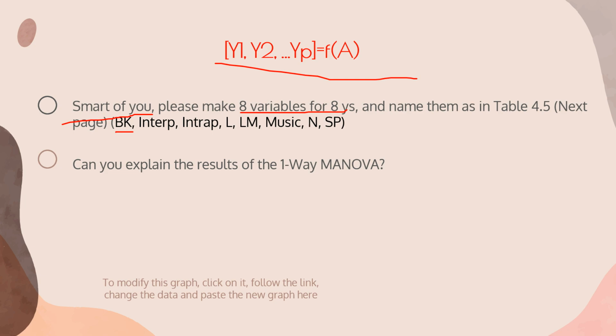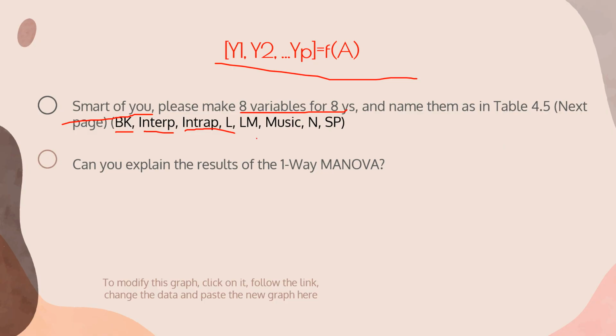You are good at sports. So BK means bodily kinesthetic intelligence. Inter-P means interpersonal. Intra-P is intrapersonal. So I got the full names on Table 4.5.